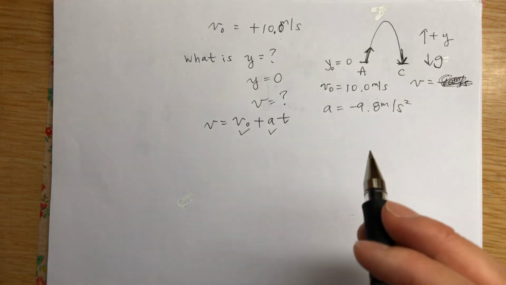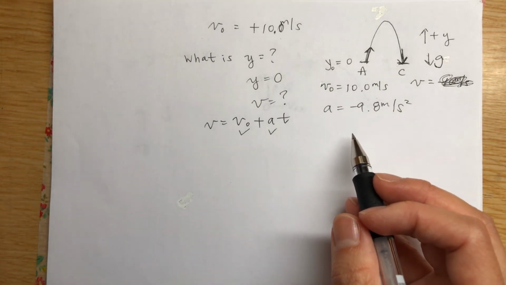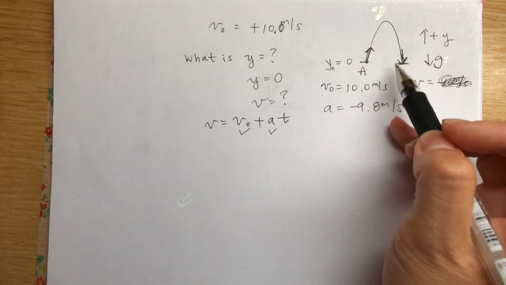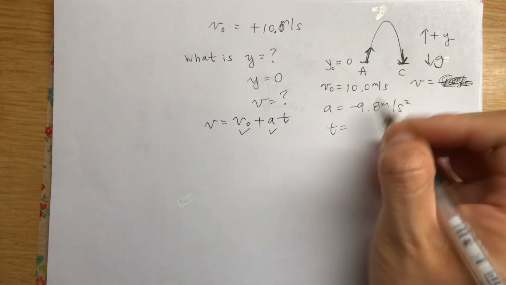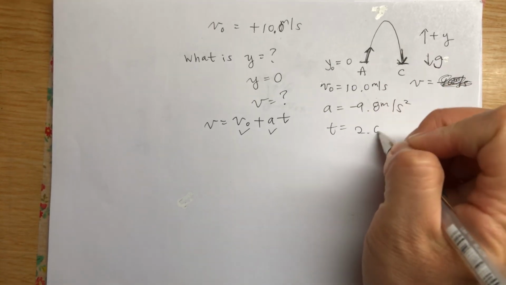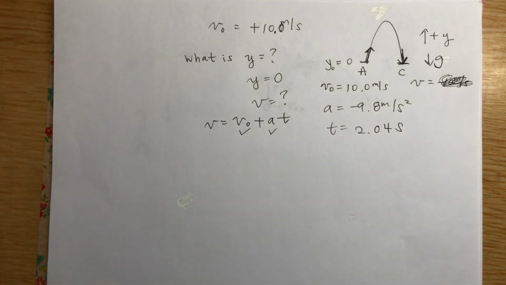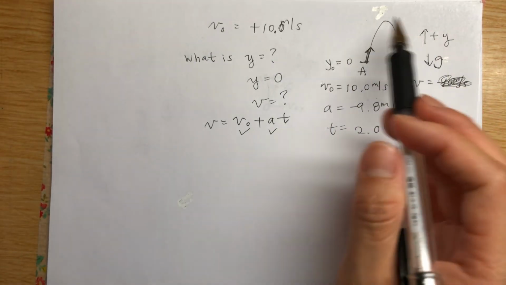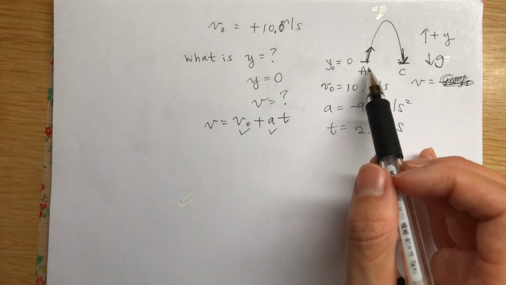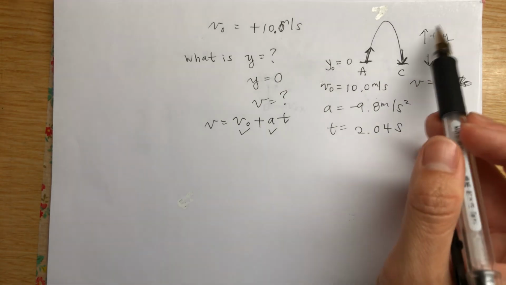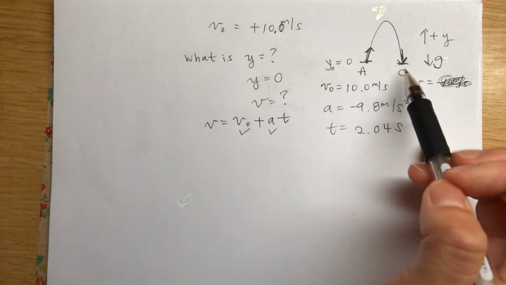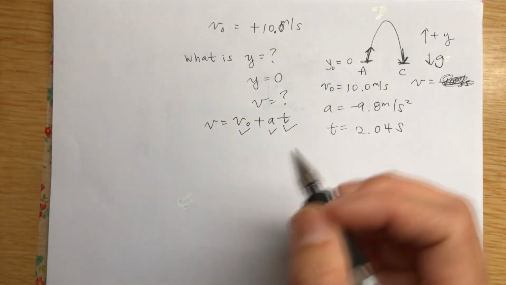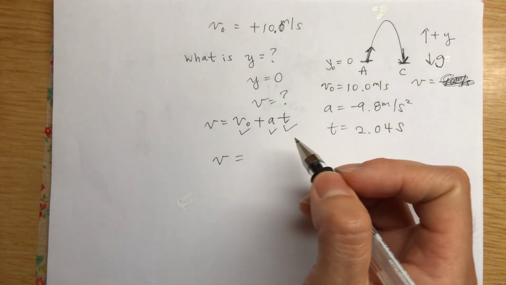It's always downwards. Do we have time? Time now is the whole path because we're looking at the whole path. So we calculated time, which was 2.04 seconds. Always draw the drawing because you need to make it clear what direction is y and what path you're looking at. So make sure you don't skip steps. So we have everything we need to find V.